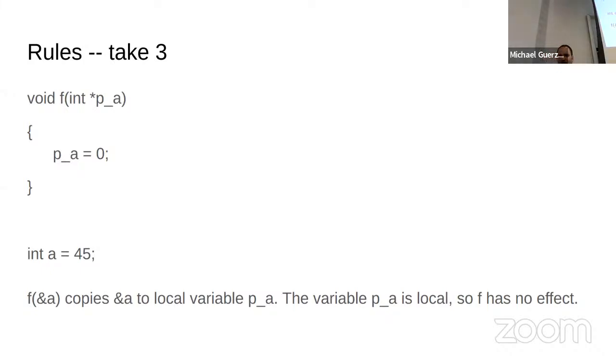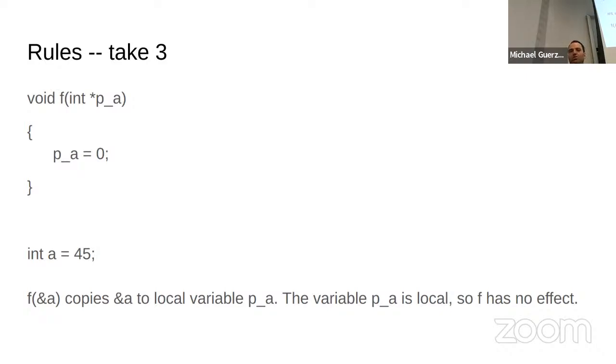Exactly the same thing. Nothing is different about this slide than the previous slide, except that now the type that we're sending is int star. So the function f now takes a variable of type int star, and then it sets the local variable pa to 0.